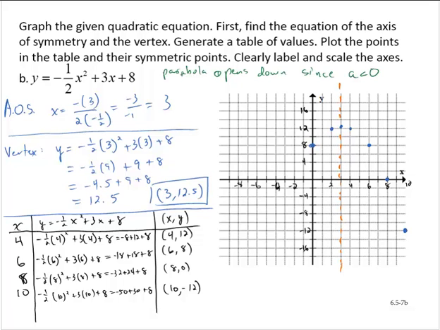Let's see. Negative 2, 0. And negative 4, negative 12. And there's the symmetry of the curve. And drawing it. All right, and so there's our parabola.